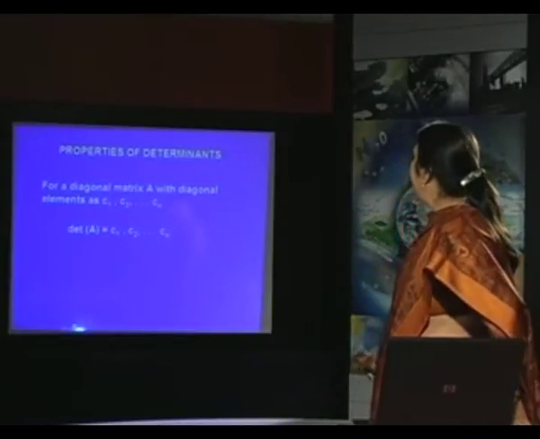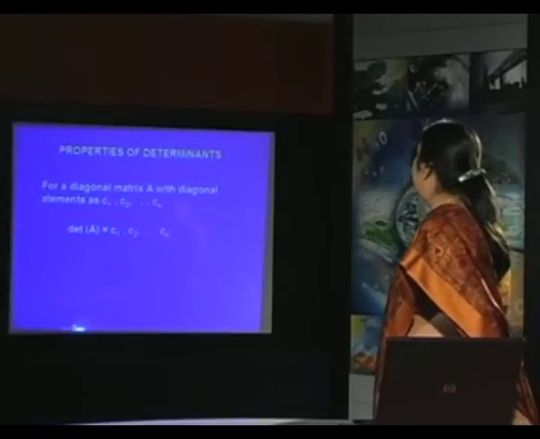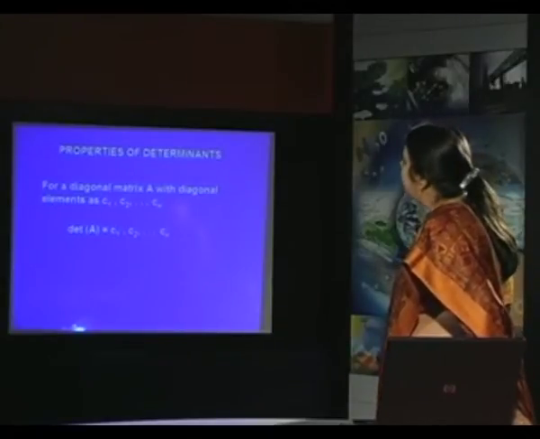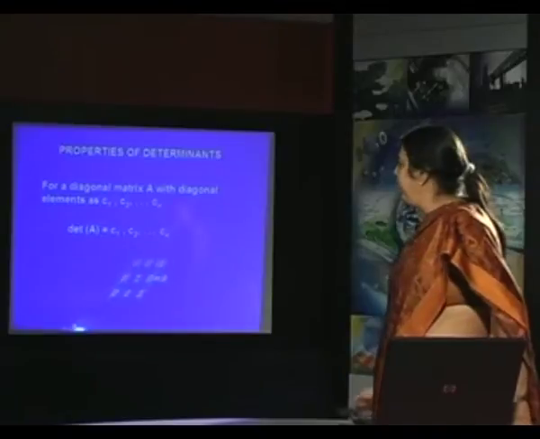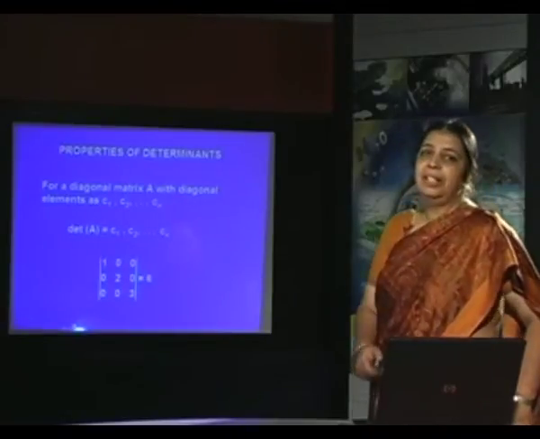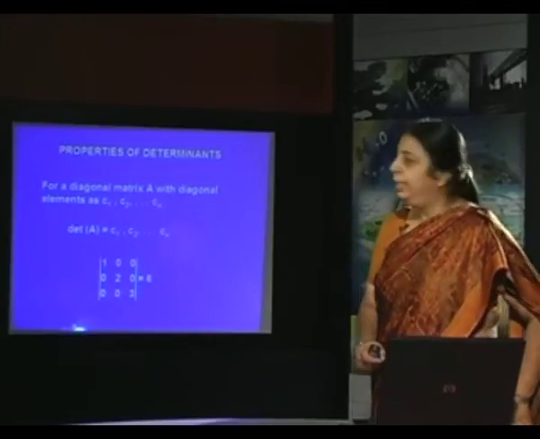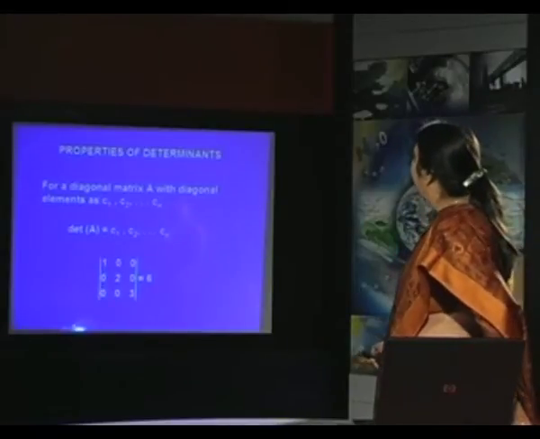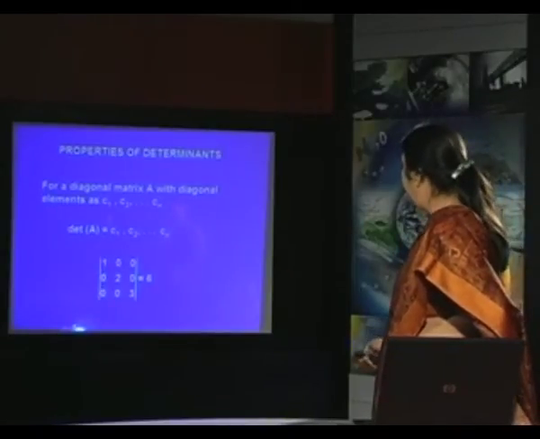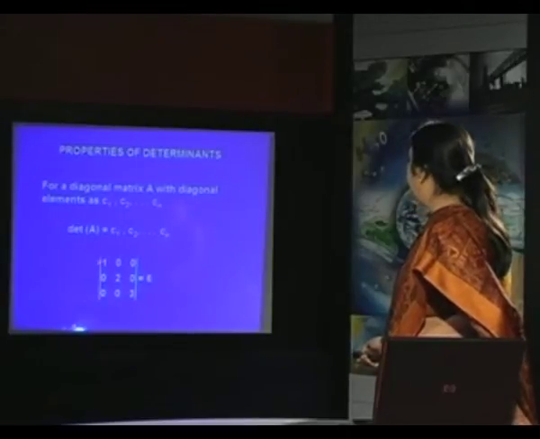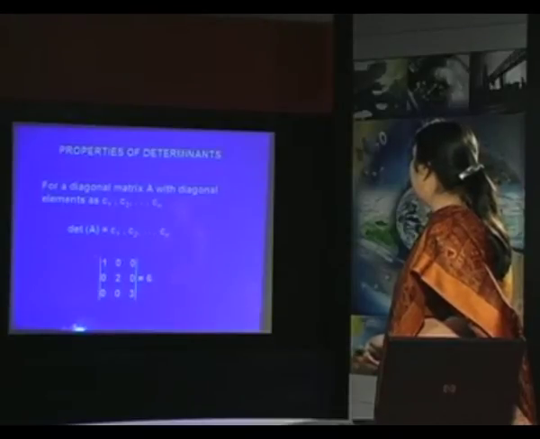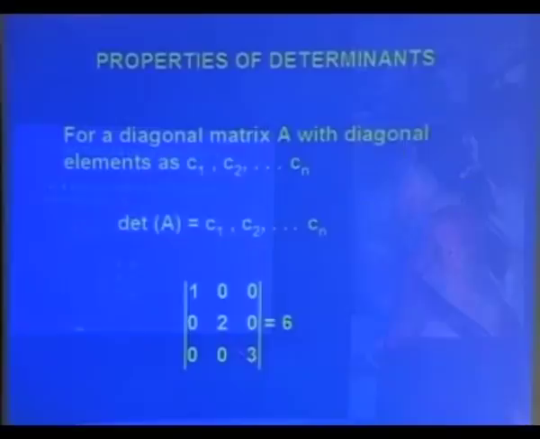The determinant of A in that case will be C1 C2 Cn, because this is true from the result which we have discussed in my first property. So, if we have this diagonal matrix, then its determinant will be 1 times 2 times 3, that is 6. We simply multiply the diagonal elements and that will be the value of the determinant.